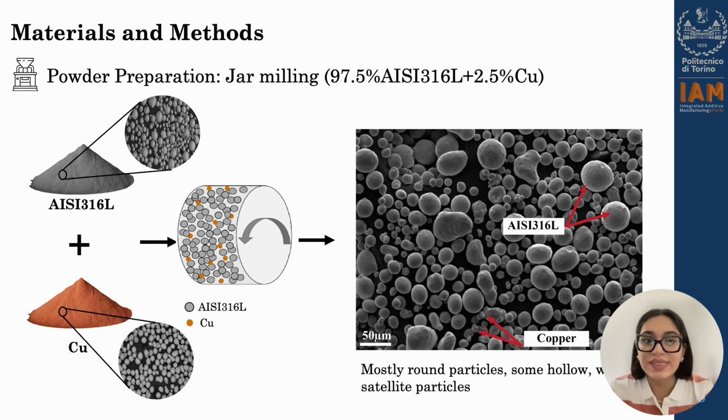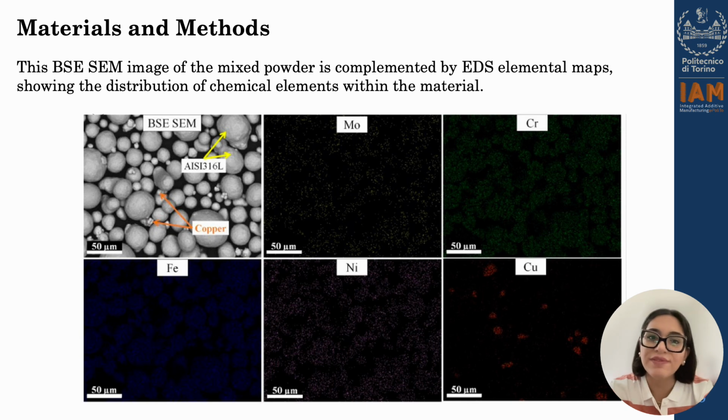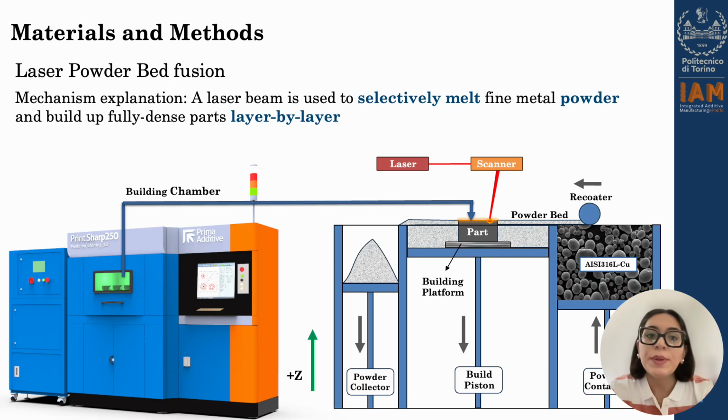And as you can see in the scanning electron microscope image, we have a good distribution of copper within the steel alloy, and then we can see round particles with some irregular shaped particles, including satellites around the big particles. What's more, after powder preparation, EDS elemental maps also show the distribution of chemical elements within this specific alloy.